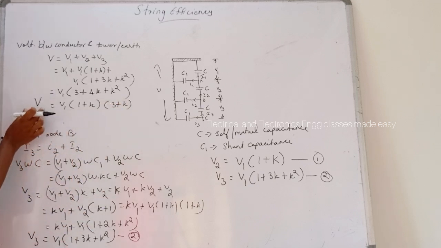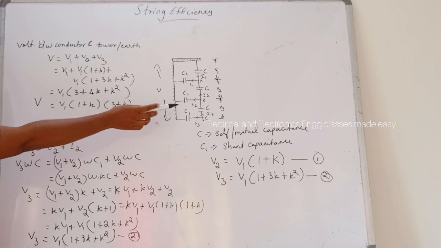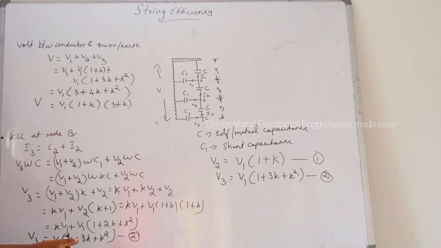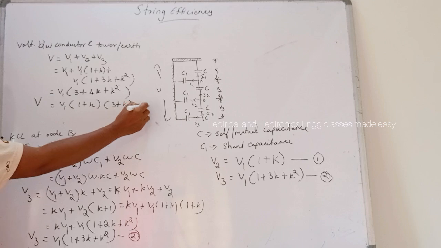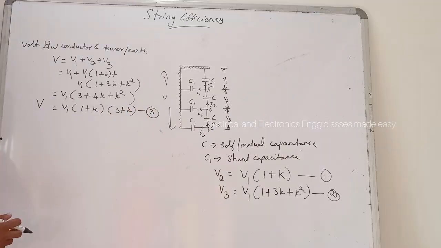So this is the voltage across the string, and V3 is the voltage across the disc nearest to the conductor. This be the equation number 3.